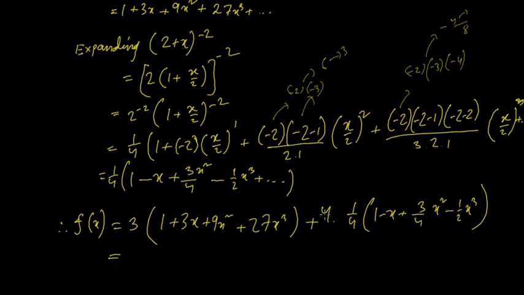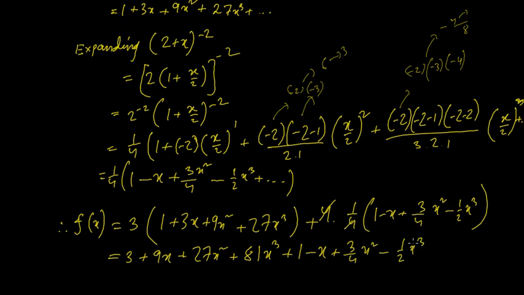So this 4 and this 4 cancel, this would be 3 plus 9x plus 27x squared plus 81x cubed plus 1 minus x plus 3 by 4 x squared minus half x cubed.